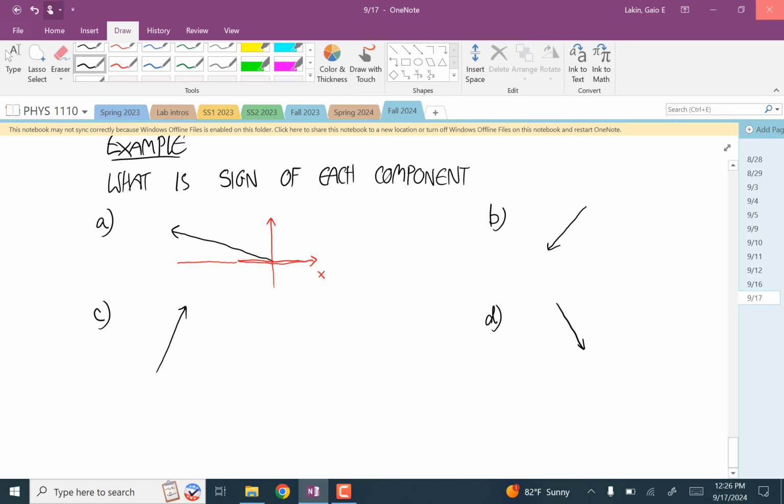So for the vector for A, is the x coordinate of the head positive or negative? I know somebody knows this. Yeah, thank you. So negative x component, and is the y coordinate of the head positive or negative? Positive. Okay.